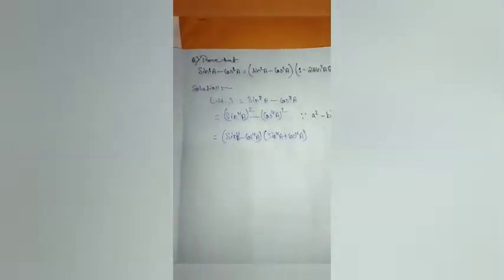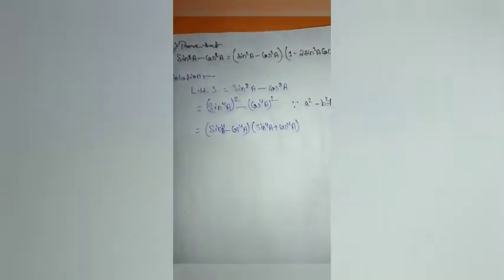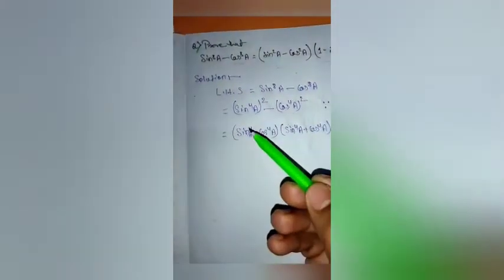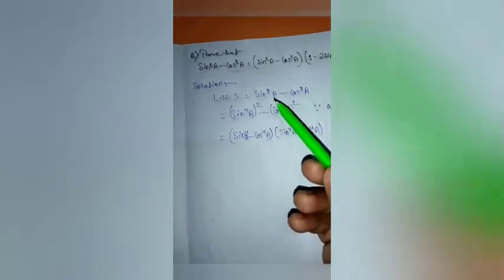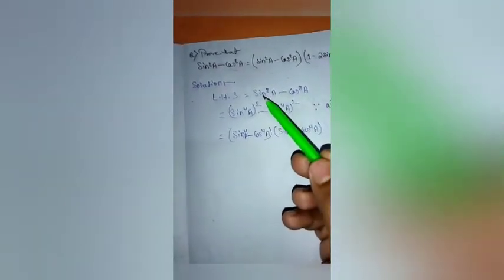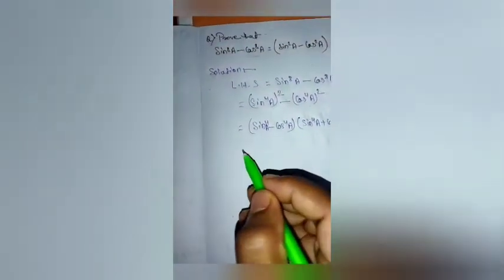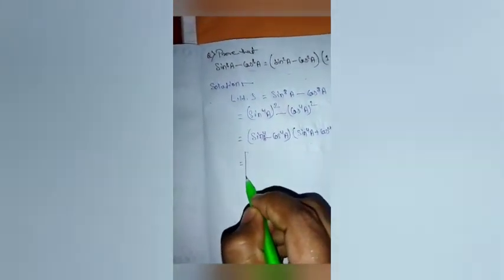Now once again we have to think like what will be the next step. So once again we're gonna break this sine to the power 4a minus cos to the power 4a, in the same way we broke the sine to the power 8a. So once again we'll use another bracket over here.